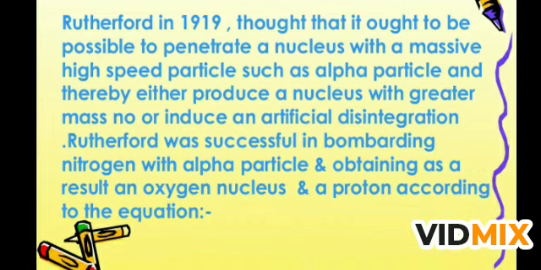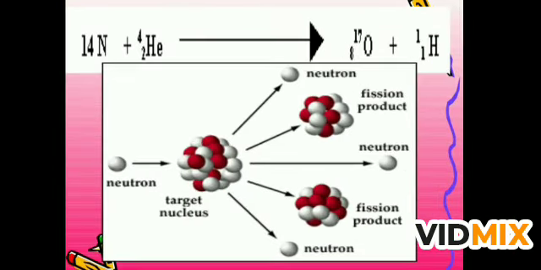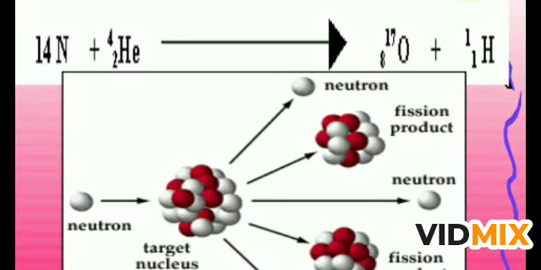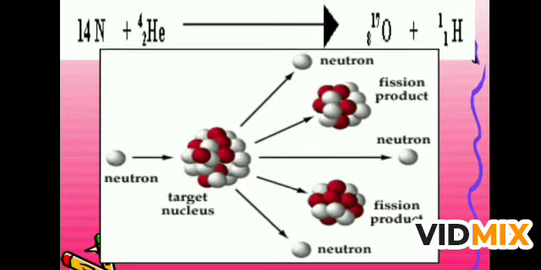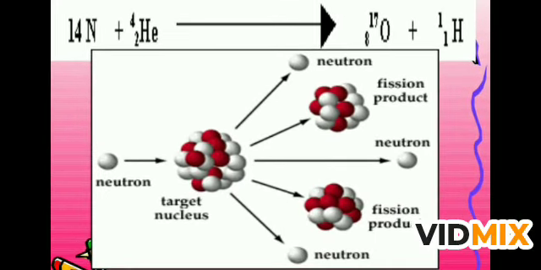In this equation, there is nitrogen with mass number 14, bombarded with helium, and we get as products an isotope of oxygen, 17 and 8, and one proton. This is the equation of the reaction which Rutherford experimented with.